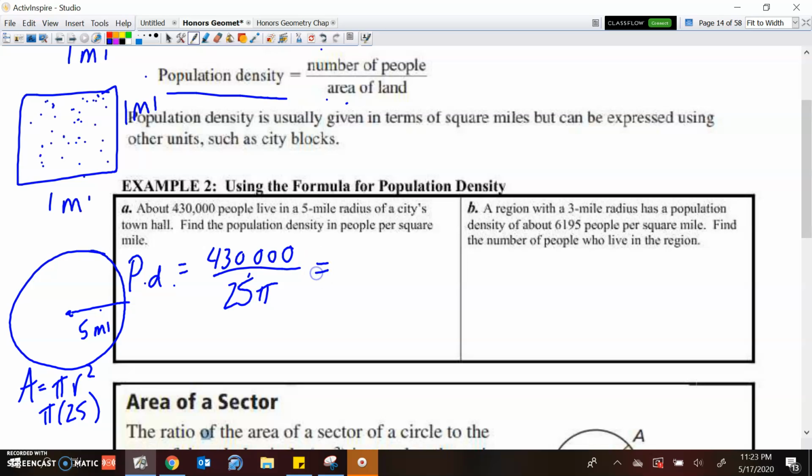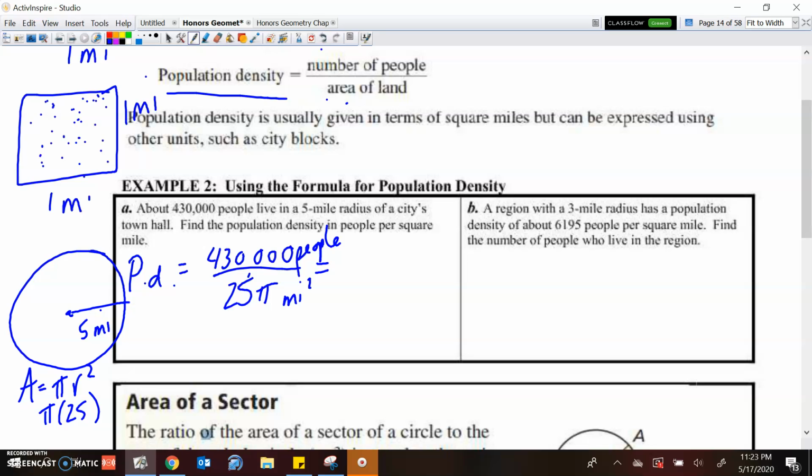So I'm going to divide 430,000 by 25 pi, and now let's put our units in. This is people, and this is square miles, because we're talking about the area of that 5-mile radius.